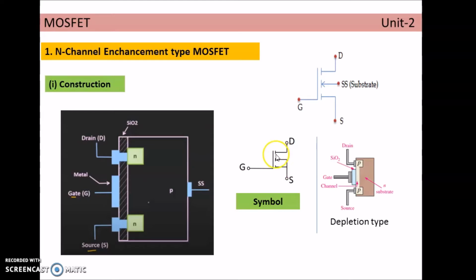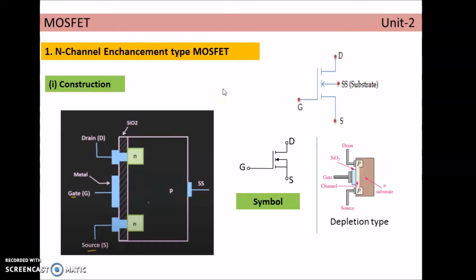So here the drain terminal is separated and again the substrate terminal is physically separated from the source terminal also. The main reason is since the channel does not exist permanently between these two types of semiconductor, this is represented by a split line here. So this is the symbol, N-channel with inward arrow. So this is the construction of N-channel MOSFET, right?